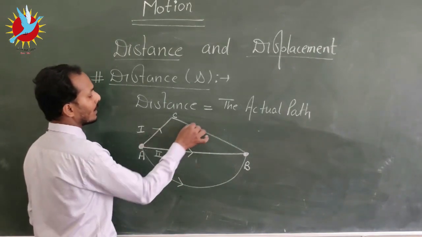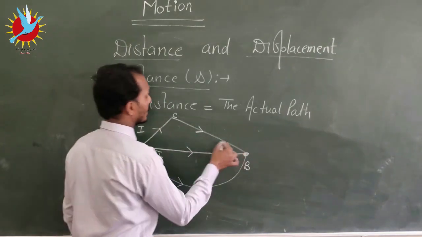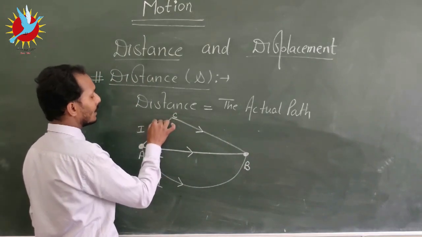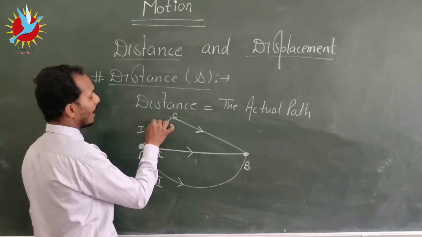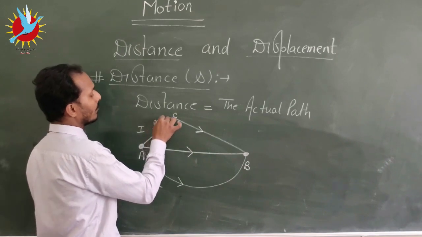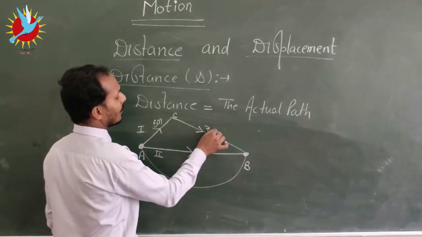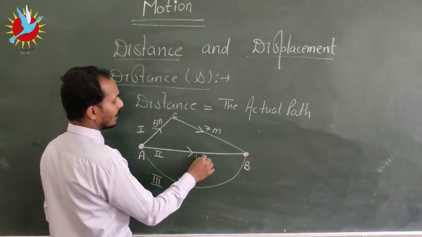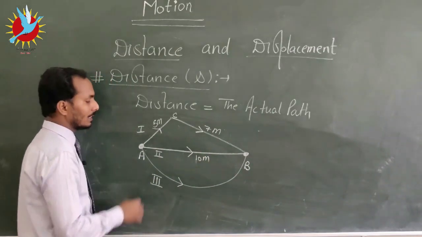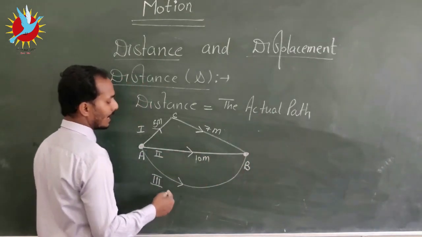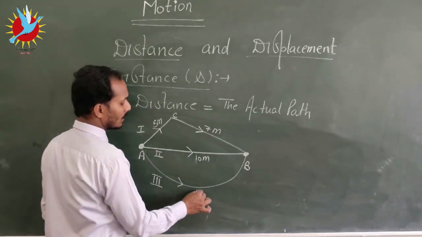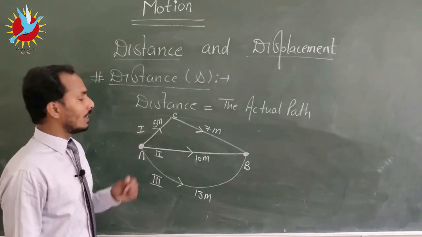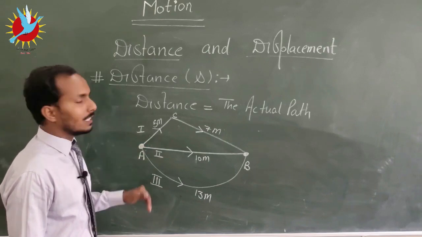Then what is the distance covered by the person? In the first case, suppose from A to C the magnitude is 5 meter, and then C to B is 7 meter. The straight route is 10 meter, and the third path is 13 meter. Then what is the distance in the first, second and third case?